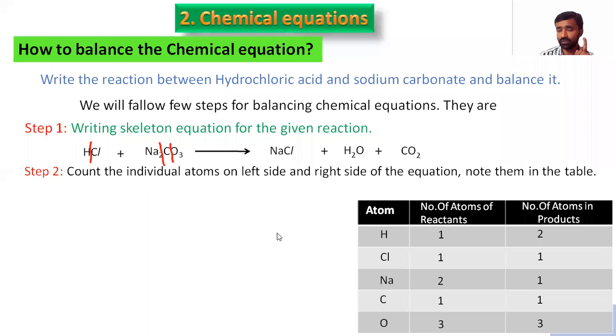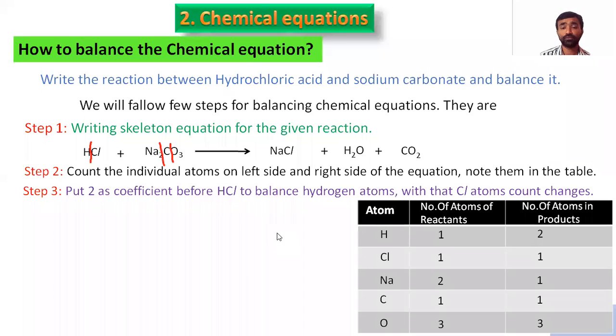Then after counting them, you need to select the largest numbered formula, right? The largest numbered formula is Na2CO3. Here, if I take this, what happens? The chlorine count is going to vary. So that is the reason to select another compound here, HCl.